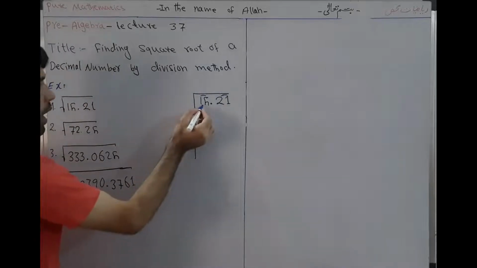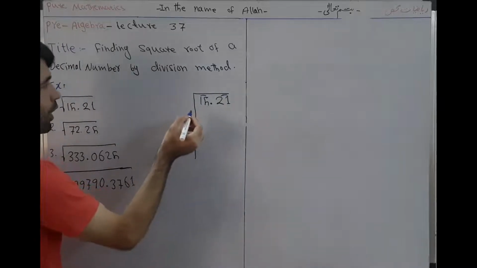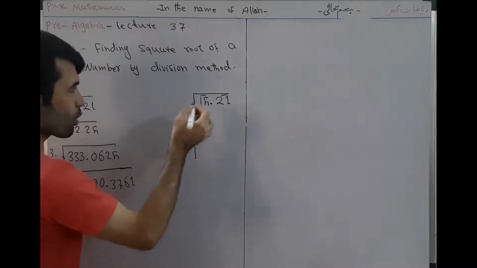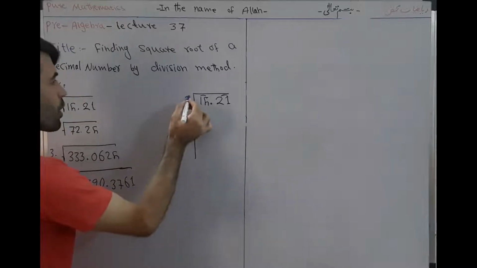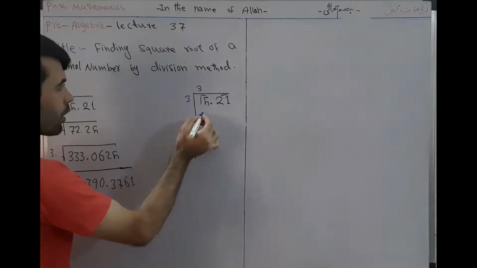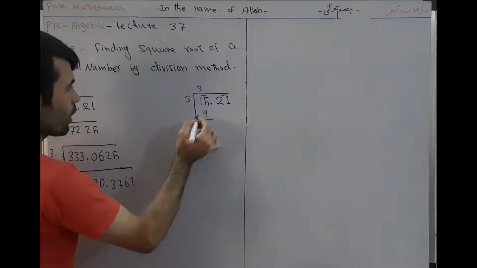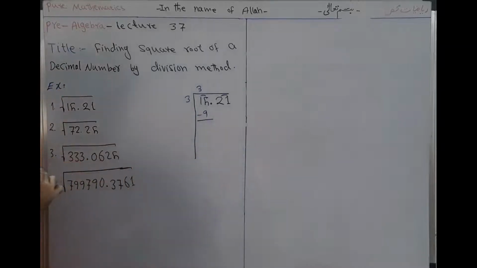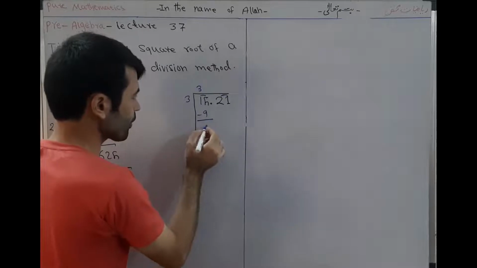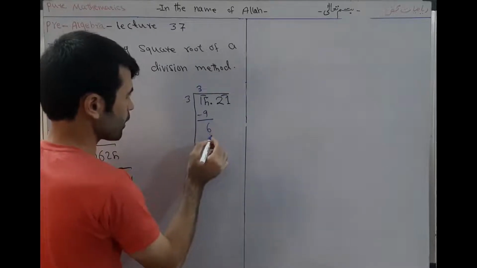Here we have 15. If we give 4 multiplied by 4, it will become 16. 16 is more than 15. Therefore, we have to write 3 here. 3 multiplied by 3 is 9. We subtract 9 from 15, we get 6.